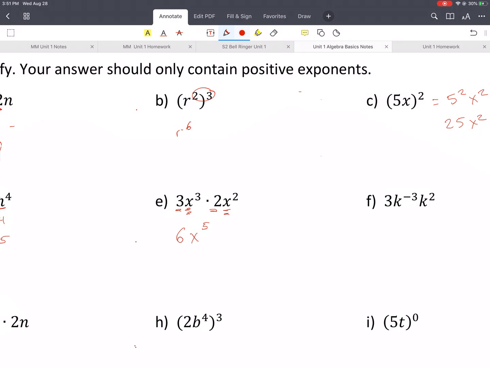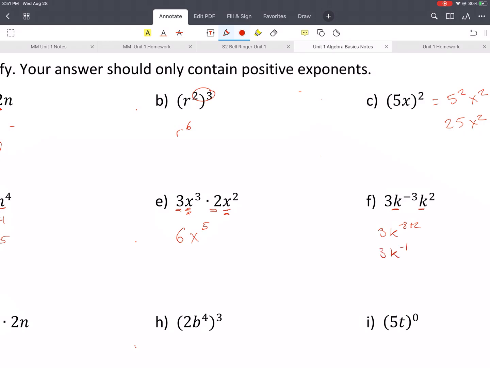Okay, next, here we have 2 bases that are the same, so we can add the exponents. So 3k to the negative 3 plus 2 is the same thing as 3k to the negative 1.